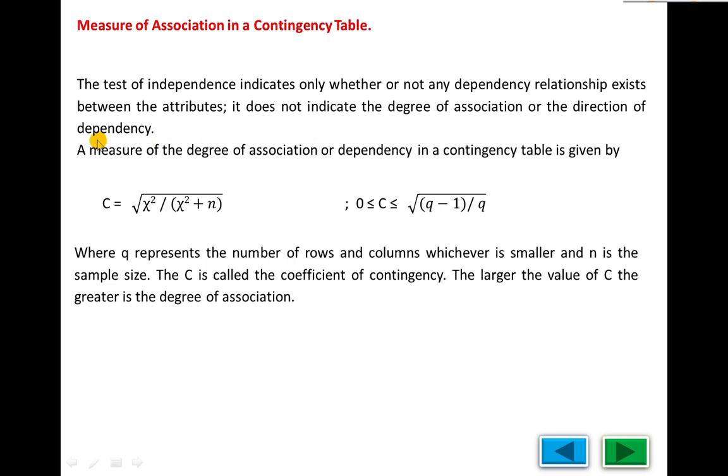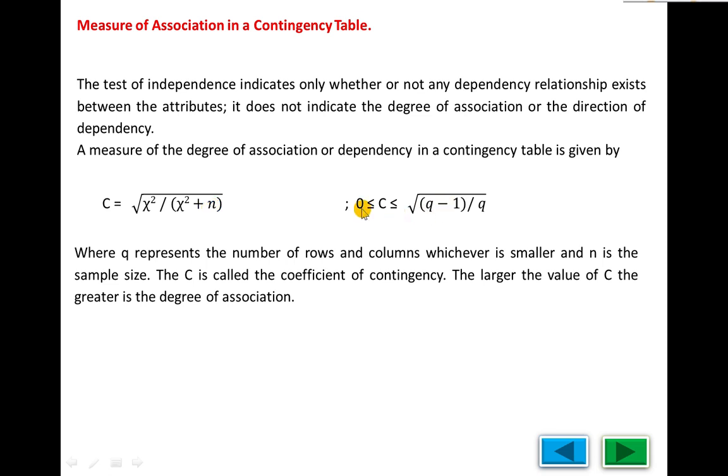For this, when the null hypothesis is rejected, meaning variables are dependent, how much dependent, what is the strength, what is the degree of association. A measure of the degree of association or dependency in a contingency table is given by C, called the coefficient of contingency: square root of chi-square calculated value divided by chi-square calculated value plus n.